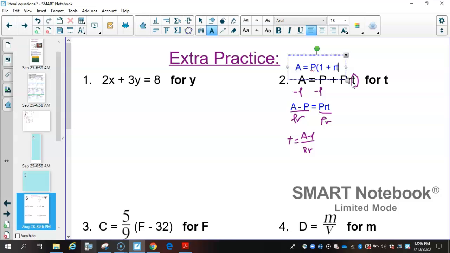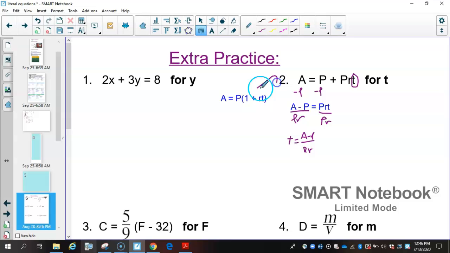So it changes it a little bit. It is still the same problem, even though we've changed it a little bit. Now our answer is going to look a little different because I'm not going to simplify it to its simplest form, even though that's normally what you're supposed to do.